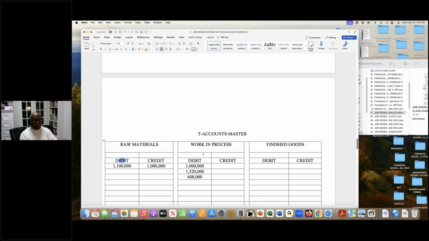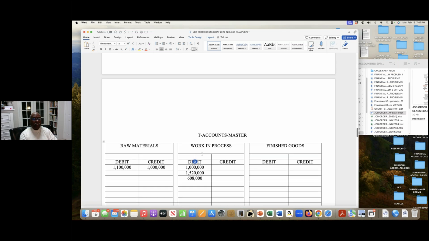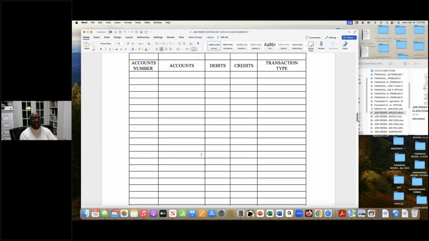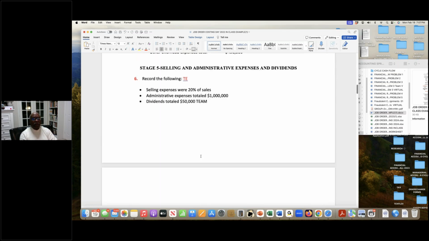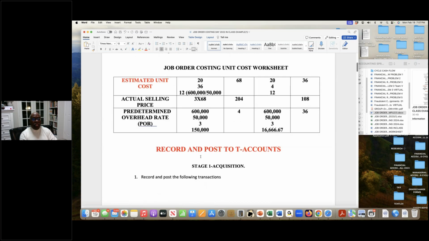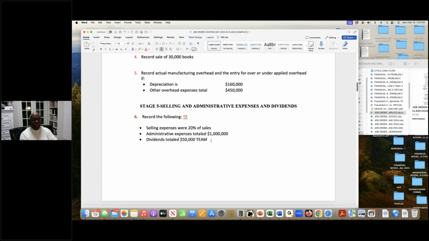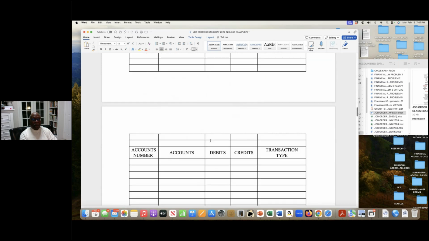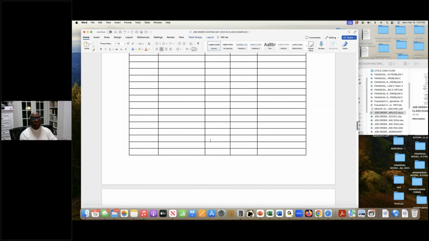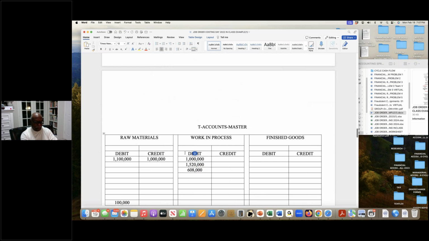How many items were we supposed to make? When we started out, we said that we're going to make 50,000 units, so we're going to put the 50,000 here.